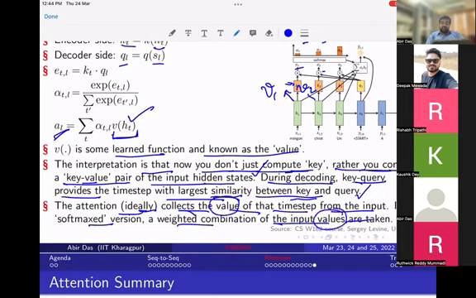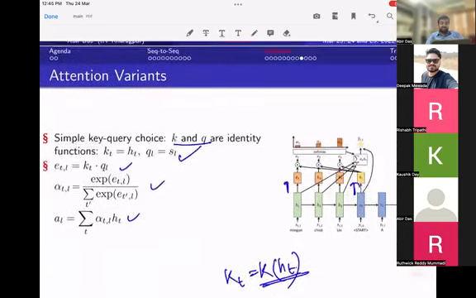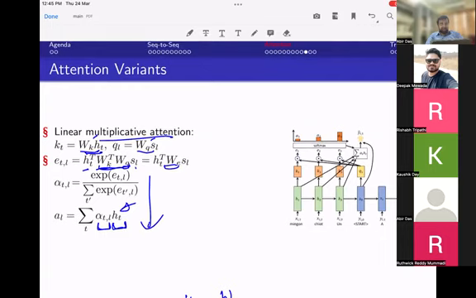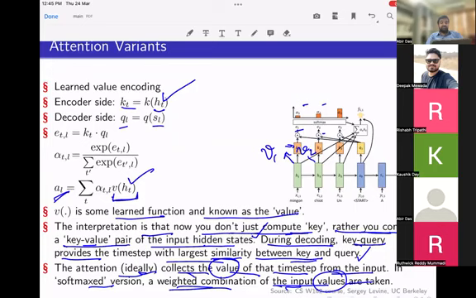After you compute the softmax version, you are combining the values, not just the input hidden states. So this is another variant. So three variants. One is identity for KQ. One is linear multiplicative, where linear is coming from there, and this multiplicative part is coming from there. So linear multiplicative attention, and this is the version with the value.